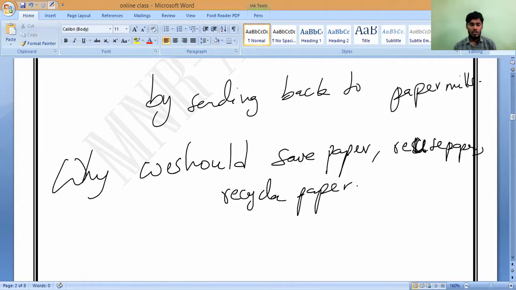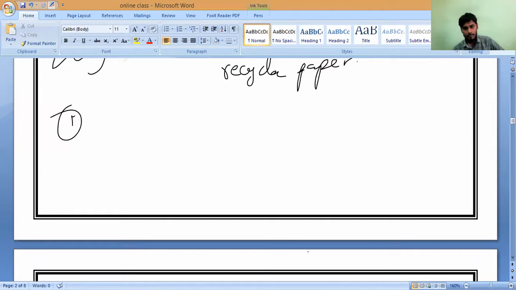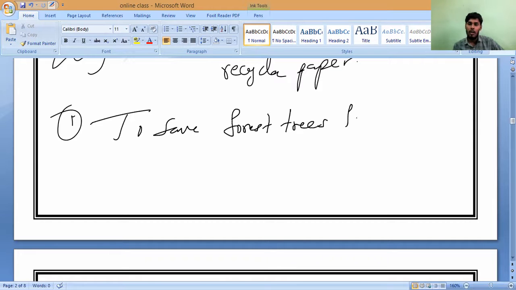Saving paper we can also call reducing the usage of paper. Reduce, reuse. So what is the first one? Sir, to conserve plants and animals. To save forest trees from being cut down.